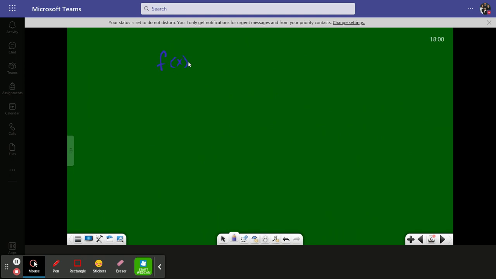We'll say f of x is equal to... What kind of graph am I going to get from x plus 4?